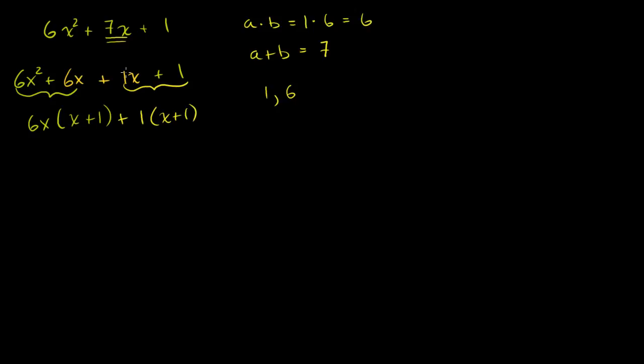You can imagine I just factored out a 1, so to speak. Now I have 6x times x plus 1 plus 1 times x plus 1. Well, I can factor out the x plus 1. That's equal to x plus 1 times 6x plus that 1. I'm just doing the distributive property in reverse.